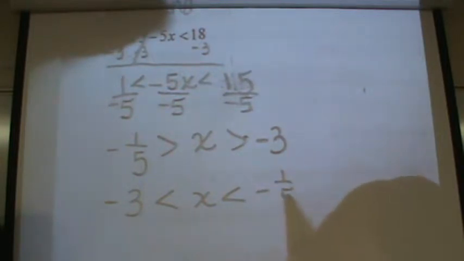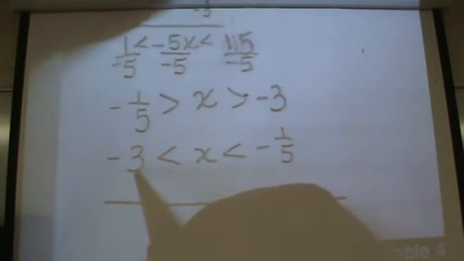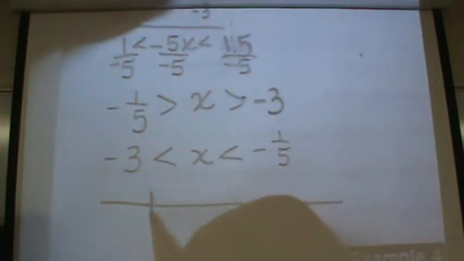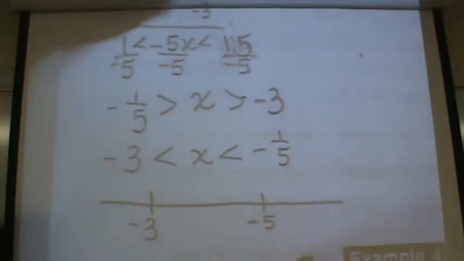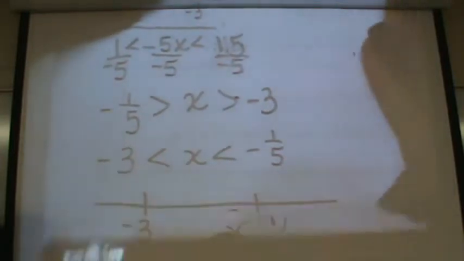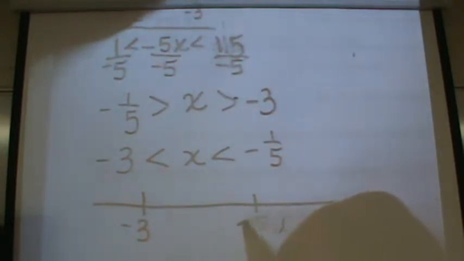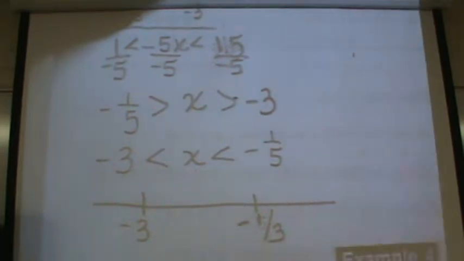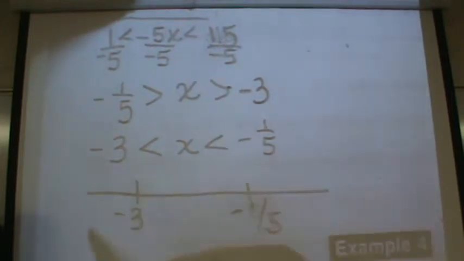So this is really what you want it to read. You want the smaller number on this side, because it matches your graph. You wouldn't put -1/5 to the left of -3, right? It makes sense to have the smaller number to the left of the bigger number.